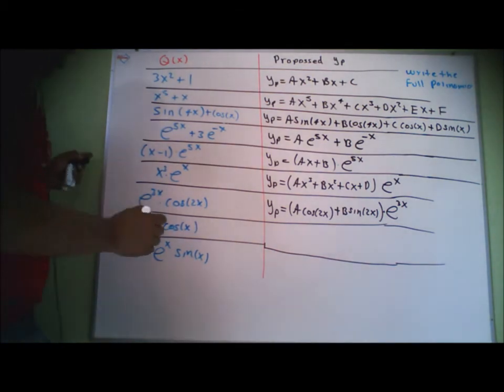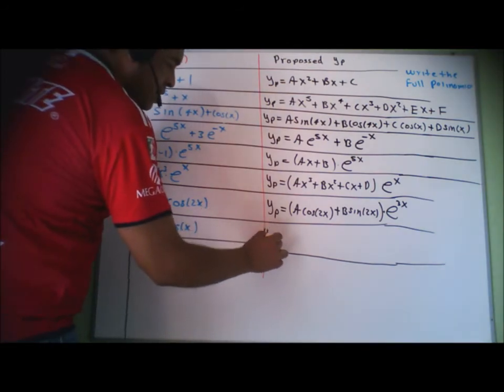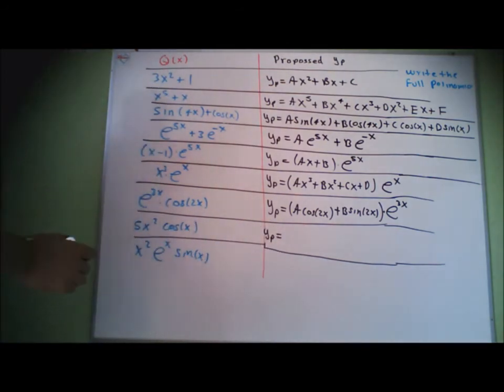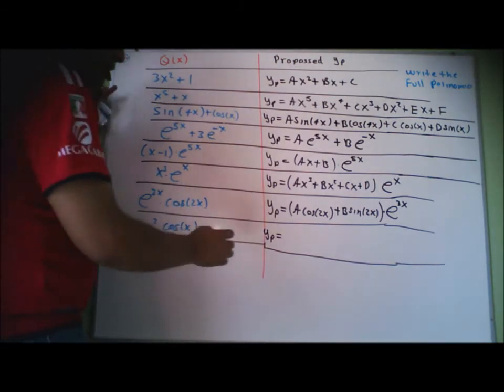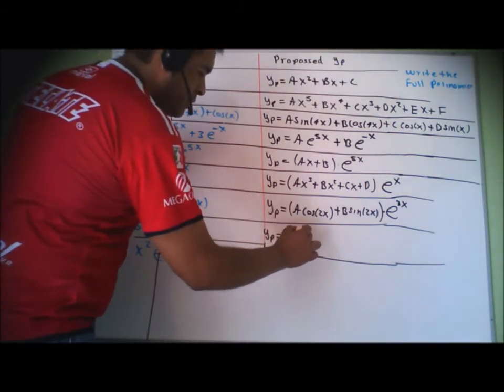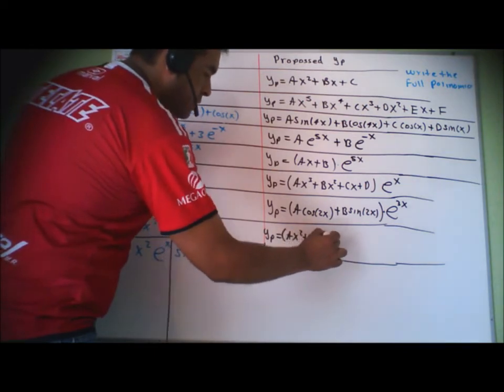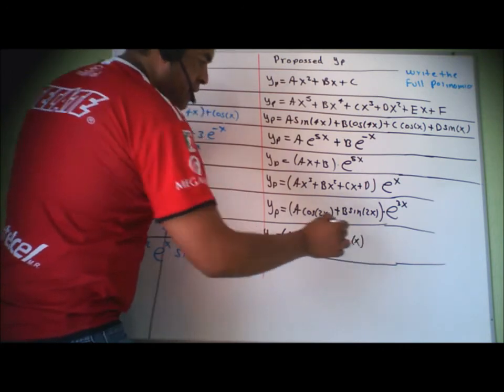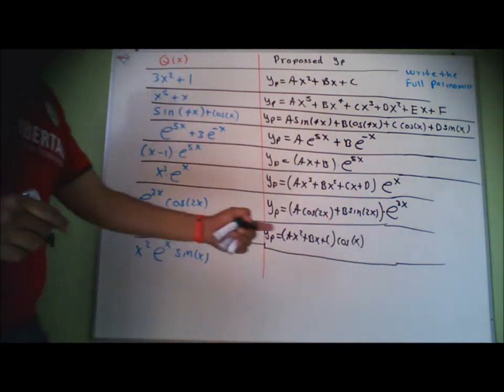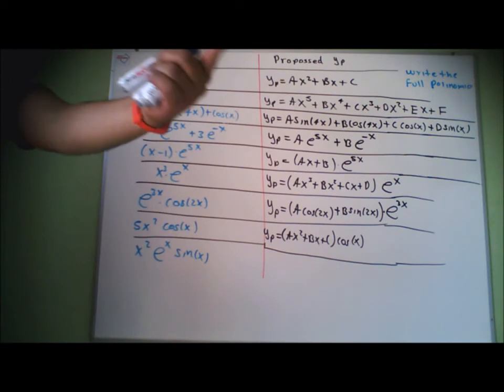So here the particular solution is going to be tricky and very long, by the way. You have to write the full polynomial. Because it's a second degree, it is going to be ax squared plus bx plus c, times the cosine of x. And be careful here, because you have the cosine, you have to also write the sine.